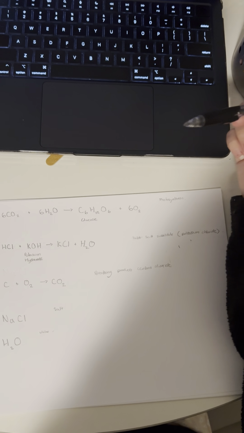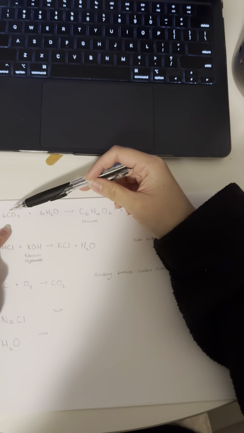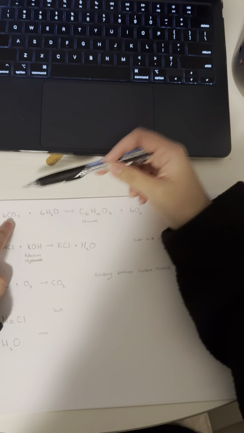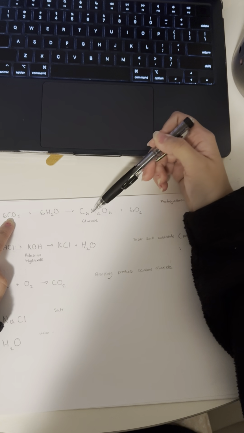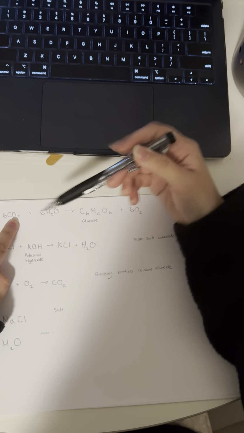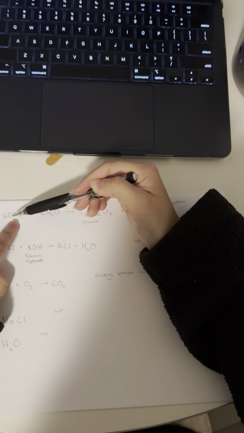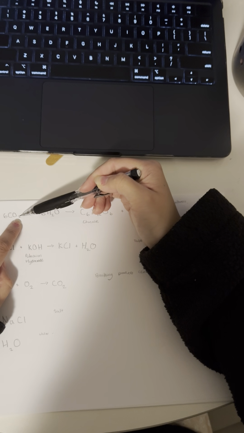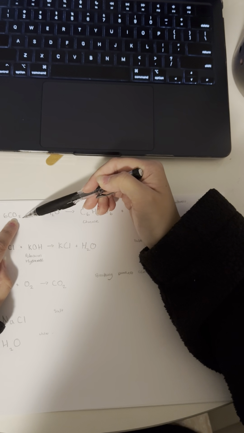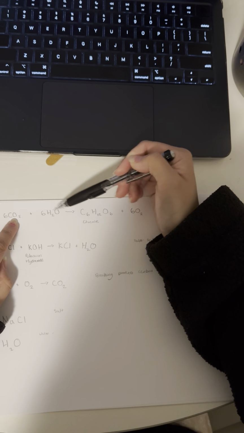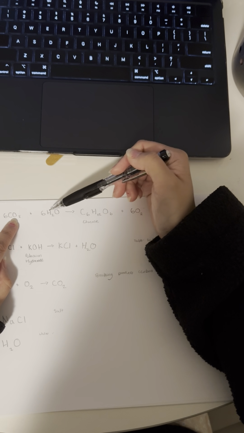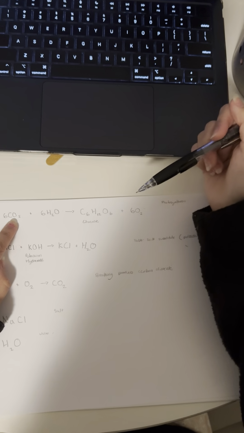So first, we have to make sure it's balanced, right? There's going to be a total of six carbon atoms, and that's equal on both sides. Then you multiply the coefficient by the subscript, so that's 12, and you add it to the second one, so that's 6 plus 12, right?